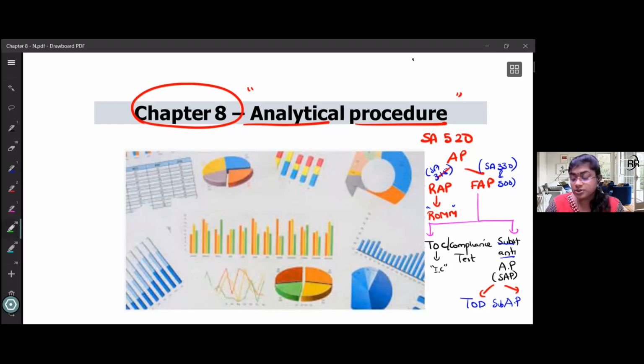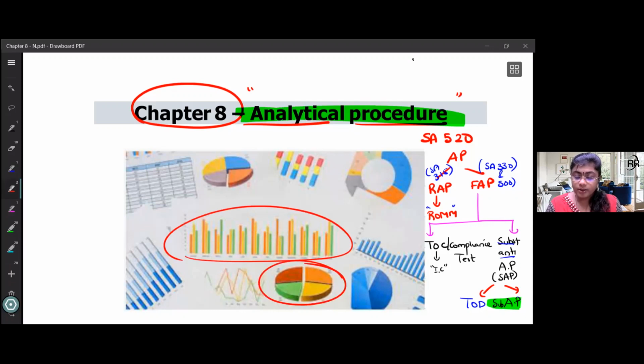You know why, students, it's called substantive analytical? This analytical procedure means, I hope you are seeing the charts, diagram, graph, etc. In analytical procedure, we are doing some kind of comparison, comparing current year with prior period, comparing this entity with another entity, industry, actuals with budget.